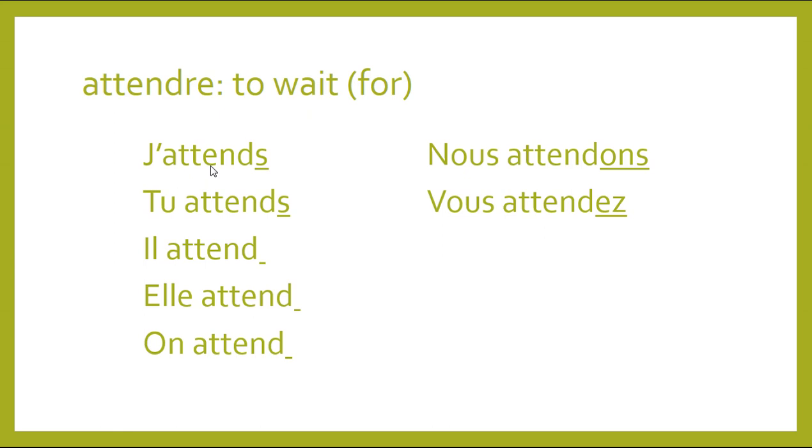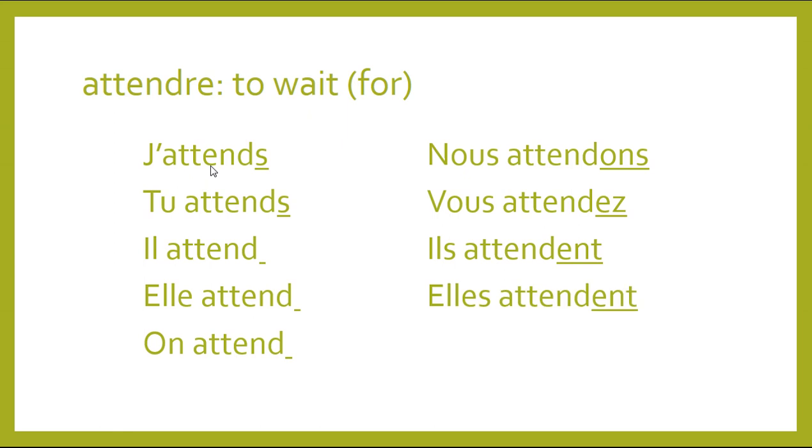Vous attendez, you all wait, or you formal wait. Ils attendent. For this, we took off the RE to find our stem, and then added ENT. Ils attendent. Remember that ENT is silent and you do not hear it. Ils attendent. They wait. Elles attendent. They wait. Feminine.